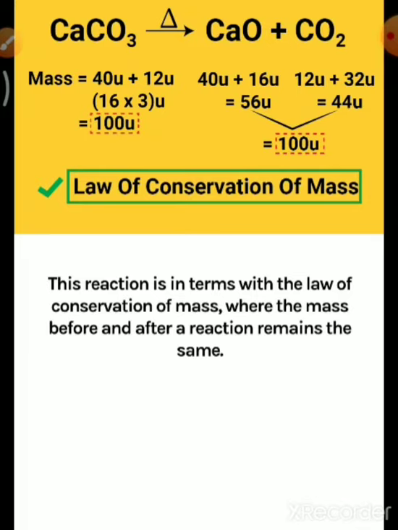This reaction is in terms of the law of conservation of mass, where the mass before and after a reaction remains the same. So if that follows the law of conservation of mass, that means you have to understand that their mass is the same before and after the reaction.